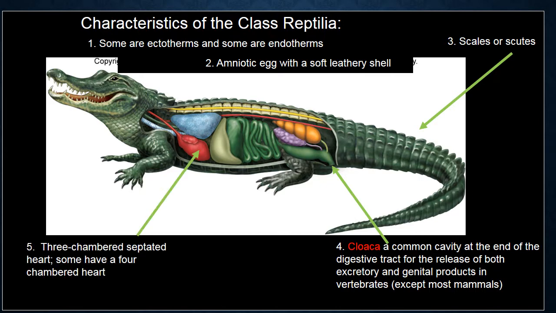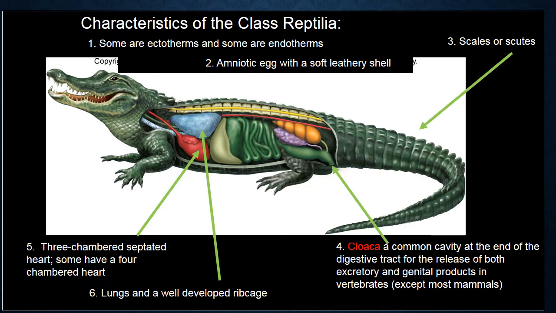The other thing is their 3-chambered septated heart. Some have 4-chambered, but most of them have this unique 3-chambered septated heart. And we'll talk about that in a little bit and why it's so unique to reptiles.